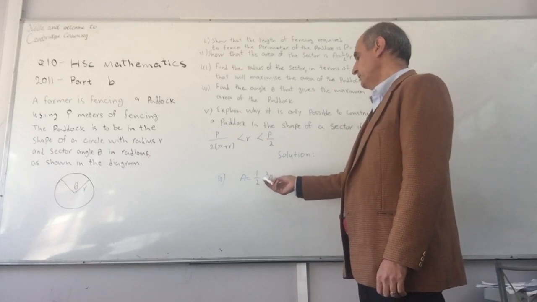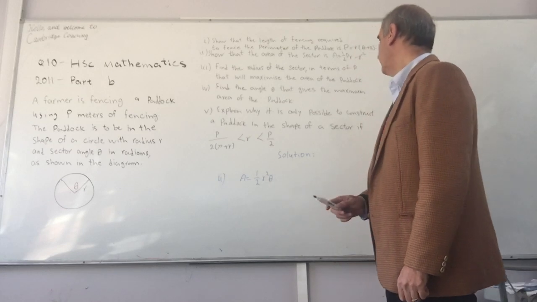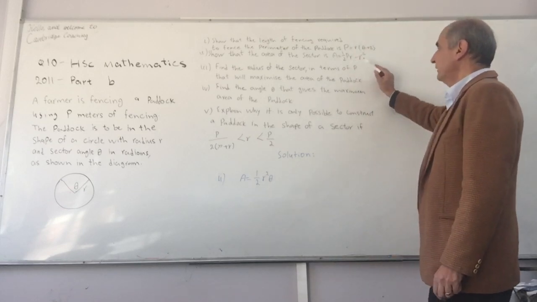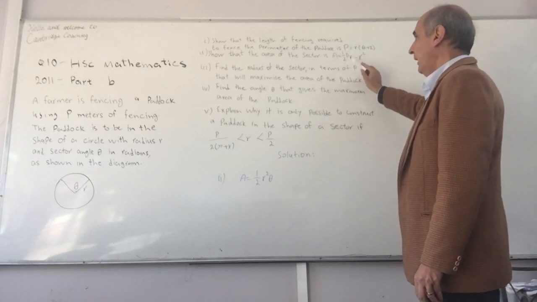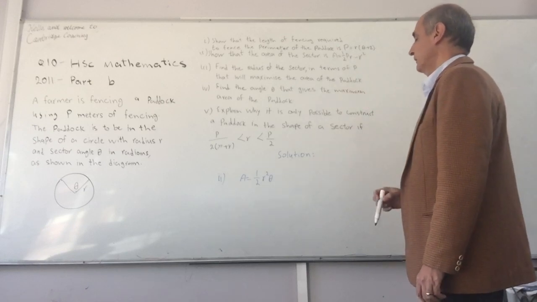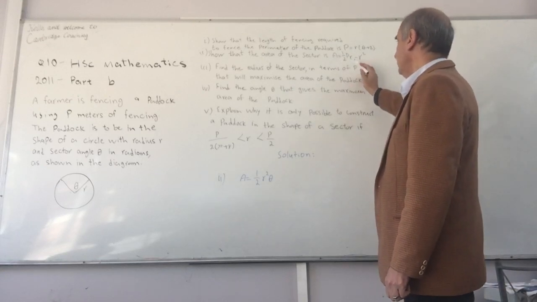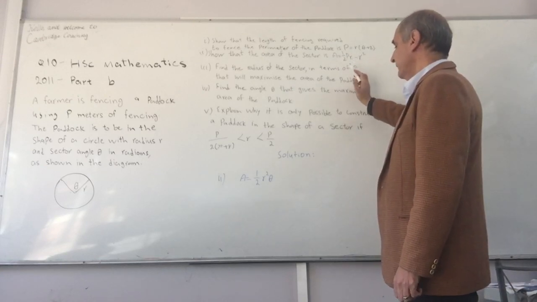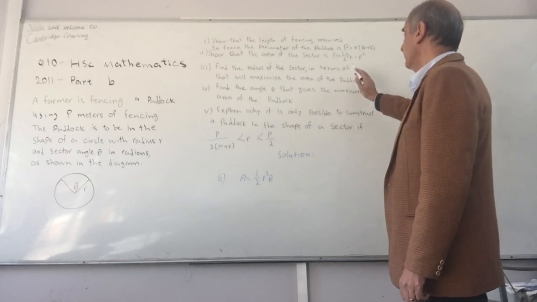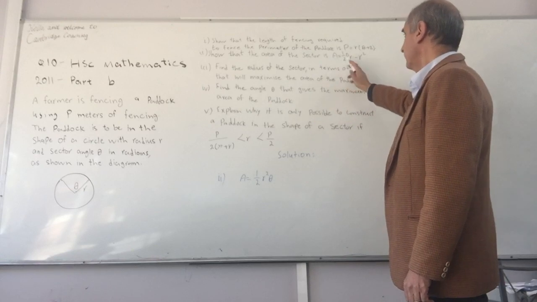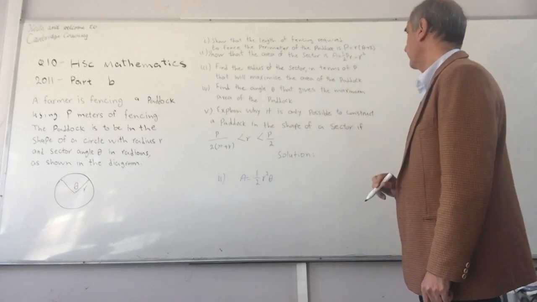In this equation, we have both r and theta. But in the given equation, they have only r, no theta. And remember, P is just a constant value. So we need to find a way of expressing theta in terms of r, so the final equation for area has only r in there.